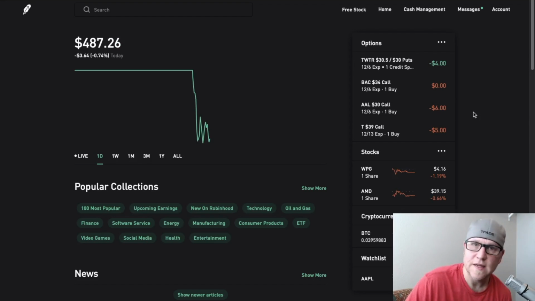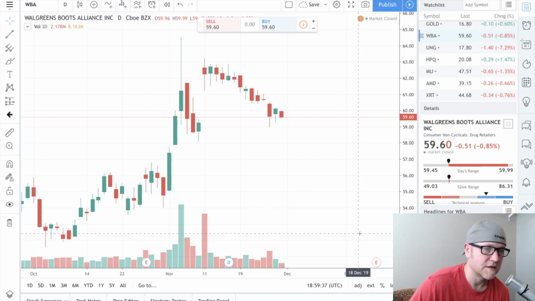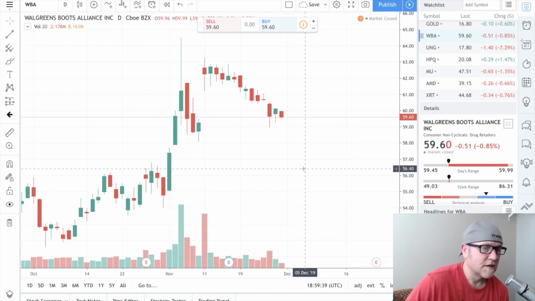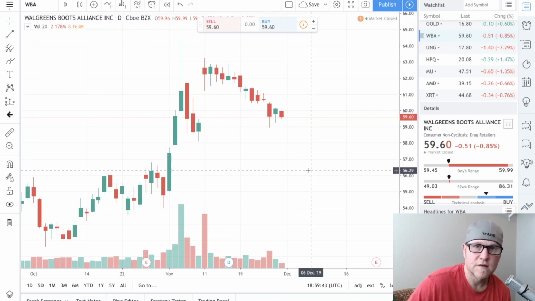So what is a credit spread? Now, I'm not going to use any fancy charts or profit loss diagrams and all that stuff, because honestly it's confusing to me, and if it's confusing me, I'm sure it's confusing to you guys. But listen, we'll go to TradingView just for illustrative purposes. I don't do a lot of charting.